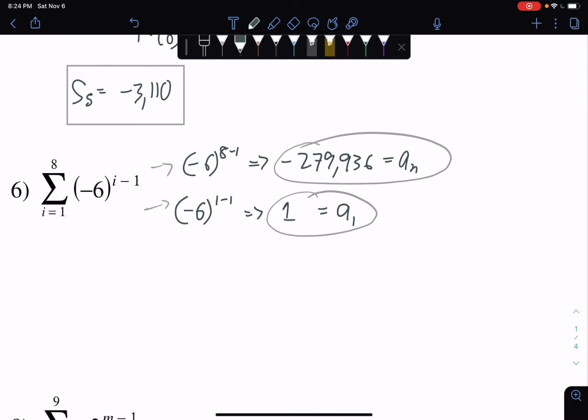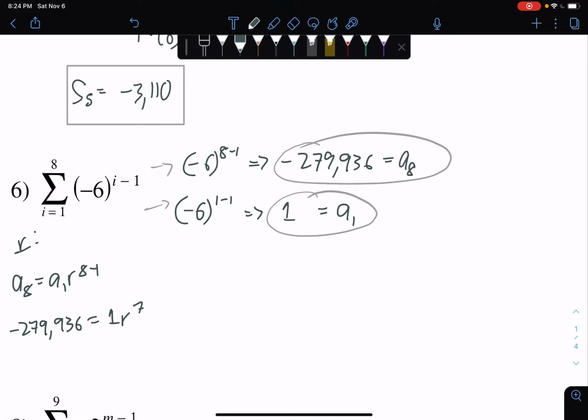Back to the topic. Let's find our common ratio. Again, geometric series formula, a sub n is equivalent to a sub 1 r raised to n minus 1. A sub 8 is negative 279,936. Our a sub 1 is 1 r raised to 7. Divide both sides by 1, nothing changes.